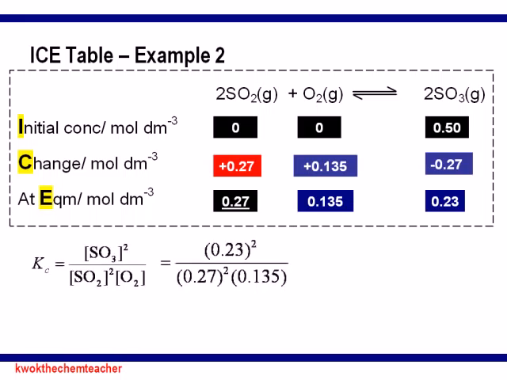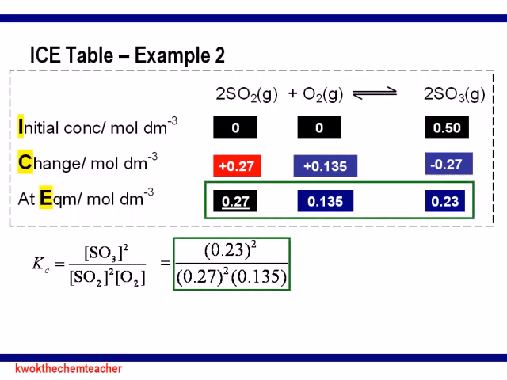The Kc expression for this equation will be simply the concentration of sulfur trioxide squared divided by the product of the square of the concentration of sulfur dioxide and the concentration of oxygen, which equals 0.23 squared divided by 0.27 squared multiplied by 0.135. These numbers, as you could see, are taken from the last row.